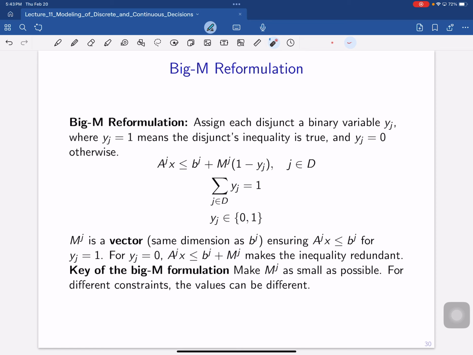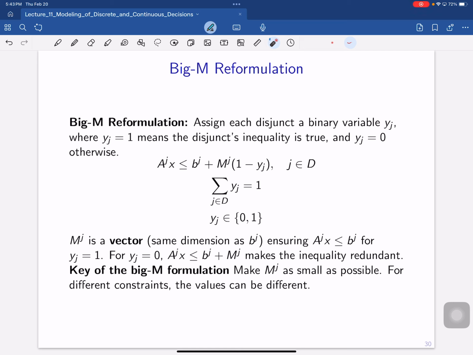When one of the yj is chosen, then this big M term will go to 0, and then the inequality has to hold. If yj is not chosen, yj is 0, then you have an M that is big enough to make that inequality trivial for that particular disjunct. How to make that disjunction trivial? You need to pick M big enough such that this inequality will include all the other disjuncts, so you do not eliminate the possibility of satisfying the other disjuncts when yj is 0.